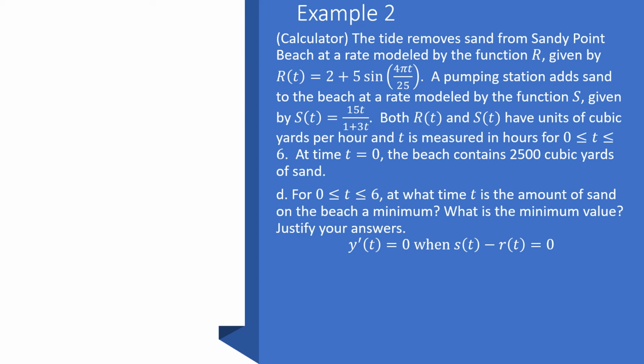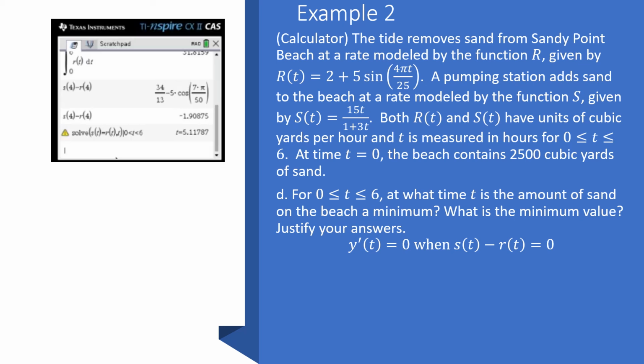Remember from the last example that the derivative was s of t minus r of t. So I'm going to do s of t minus r of t equals 0, and I'm going to do it in my calculator. I'm literally going to type into my calculator, solve S of t minus R of t equals 0 for t, where t is between 0 and 6. Once you solve that, you should get t equals 5.118. So that gives you your critical number.